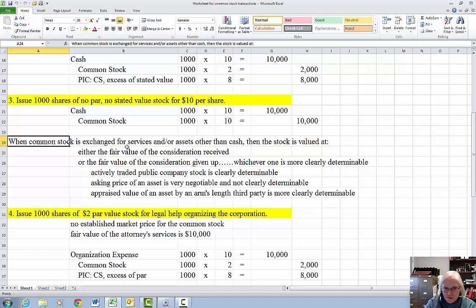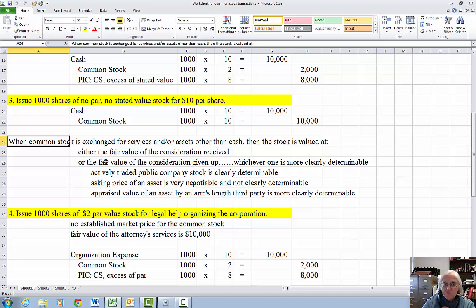When you exchange stock for services or assets, you're going to value that stock at the fair market value of the consideration you received. If it was a lawyer, it would be the billable time, how many hours they spent, times their billable rate.